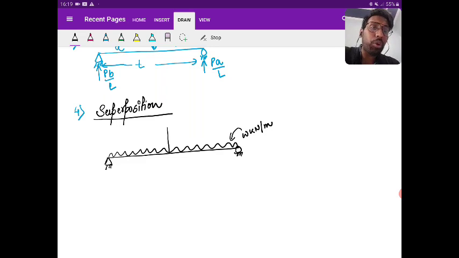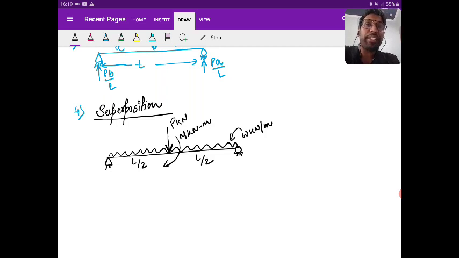There is a point load of P kilonewton, and there is a moment of M kilonewton meter. Length L by 2. The points are given A, B and C, and you have been asked to find the support reactions. Is it clear?